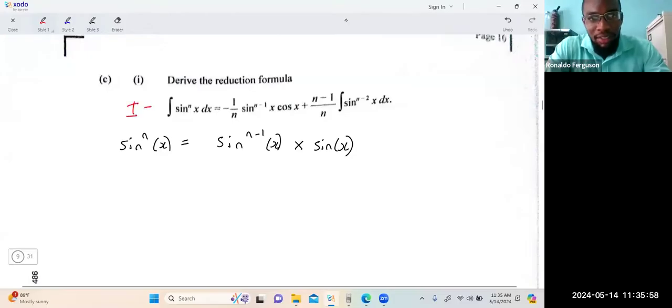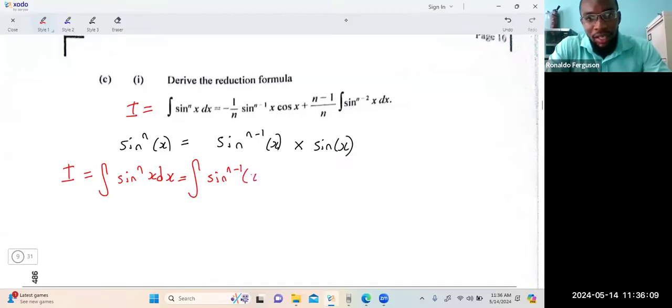So I'm going to call my integral I. So calling it I, which is the integral of sine to the n of x dx, is equal to the integral of sine to the n minus 1x times sine x dx. That way now we can use by parts. Now, how do you know which one to call u and which one dv?